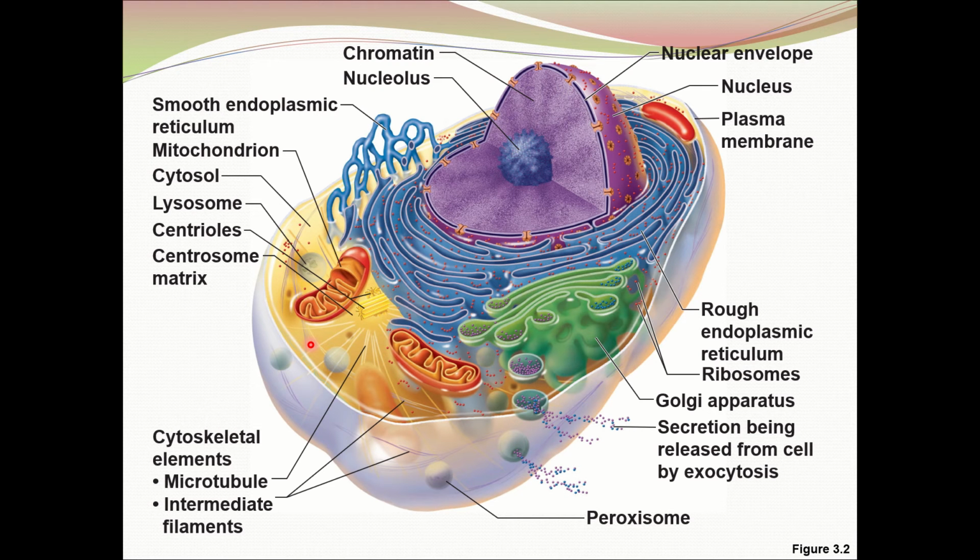The cytoplasm is the material between the plasma membrane and the nucleus, and as you can see, it's filled with organelles, small organs that all have a purpose, a function, and also a fluid component called cytosol. And then the nucleus in the center is generally the largest structure of most cells, and it serves as the control center or the cell's brain. This is where the DNA is contained.